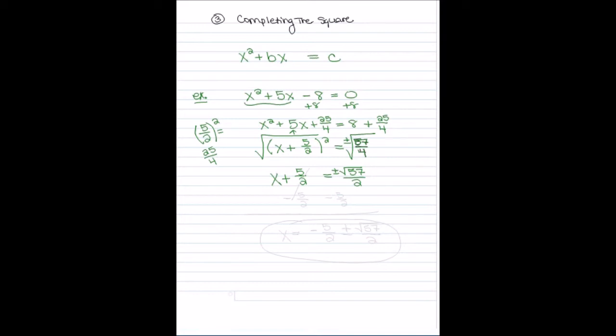Make sure you put the plus or minus. And the last step is to move the 5 over 2 to the other side by subtracting it. So my final answer after all of that is going to be x is equal to negative 5 over 2 plus or minus square root 57 over 2.